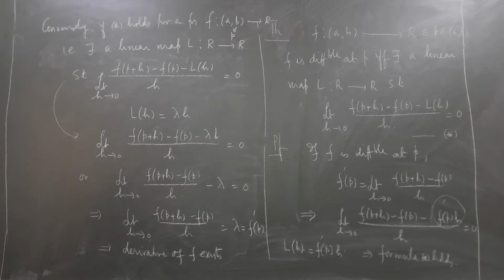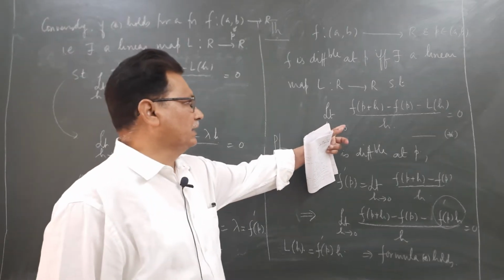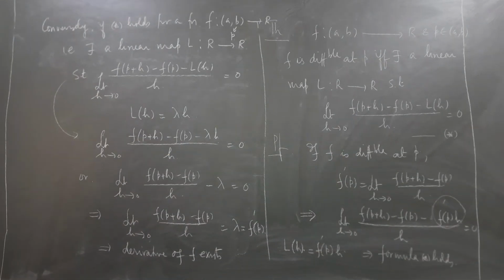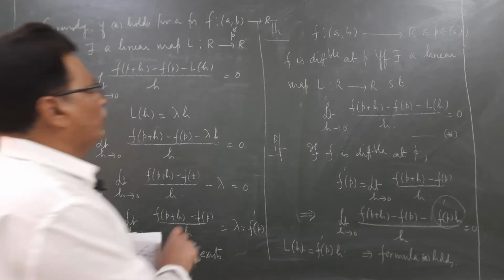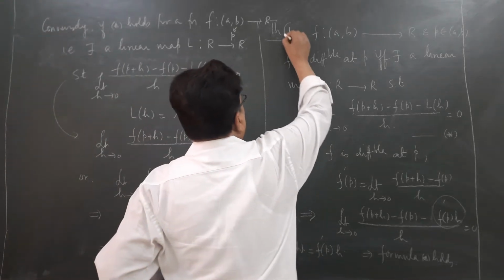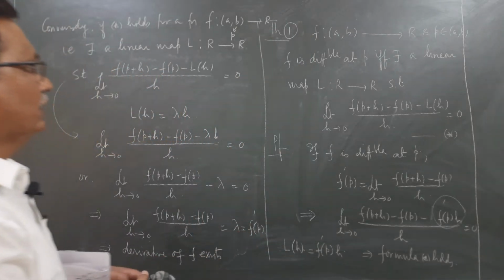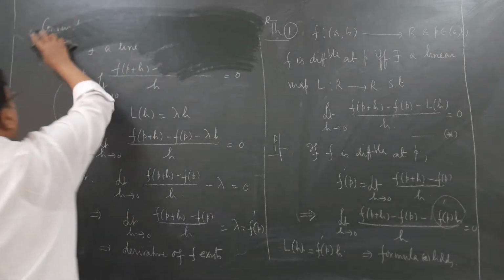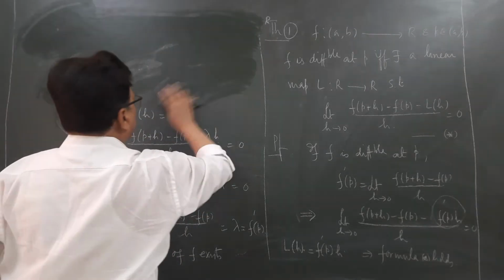So I have proved the theorem both ways. If f is differentiable, this formula holds. If this formula holds for a linear map, f has to be differentiable at the point p. So this becomes a characterization. I will call it theorem number 1. So theorem number 1 is a characterization for the differentiability of a real valued function of a real variable.